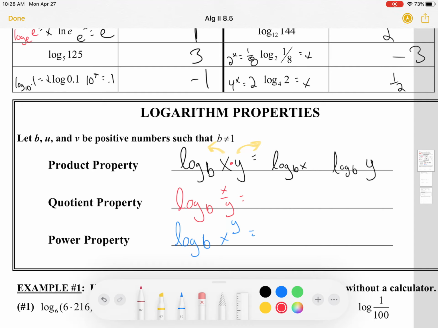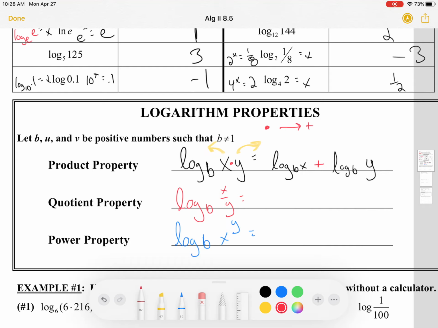Now, instead of multiplying in the middle, that multiply turns into adding when you pull it apart. So when you expand, expand means to make it bigger. From here to here, I made it bigger. When we start with multiplying in the middle, it becomes adding when we pull it apart. That's for product. Product means multiply.